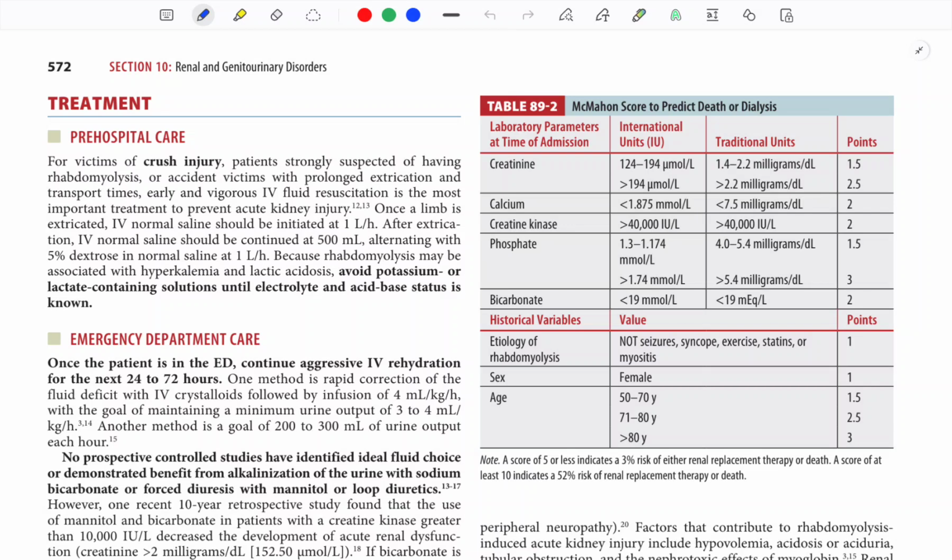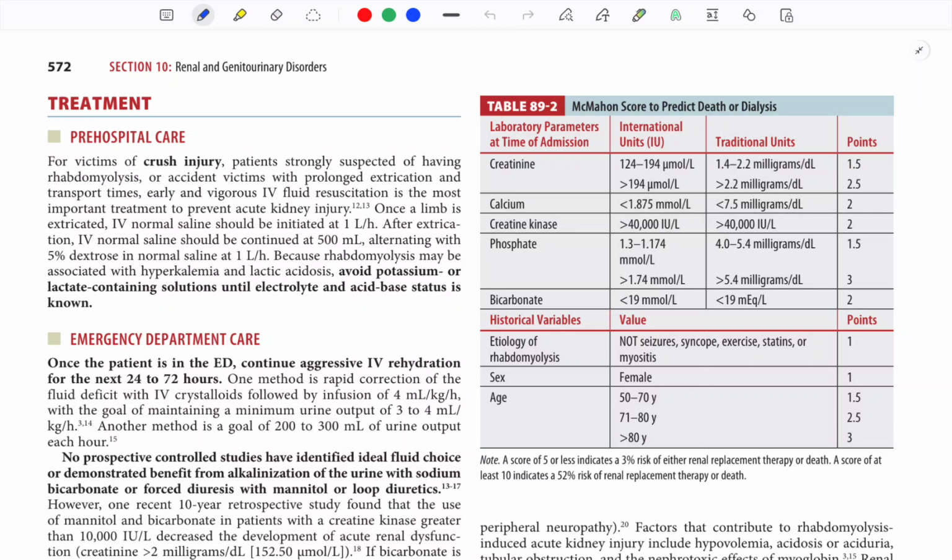Then once the patient is in emergency, aggressive IV resuscitation is done for the next 24 to 72 hours. 3 to 4 ml per kg per hour, and similar urine output is also desired. And there is no benefit from urinary alkalinization with soda bicarb, or no benefit of any forced diuresis.